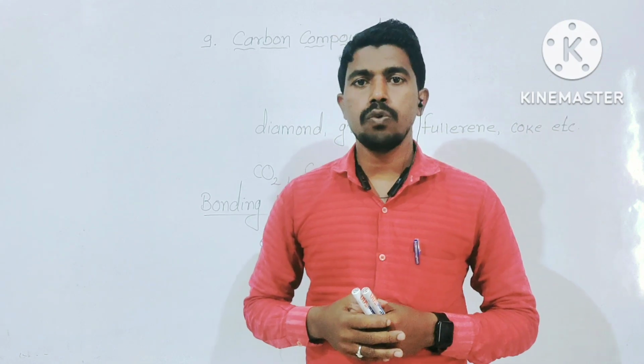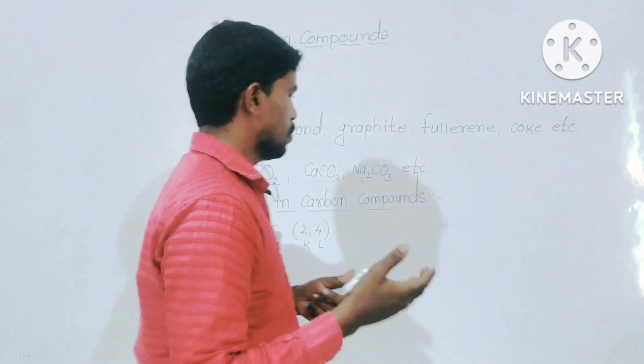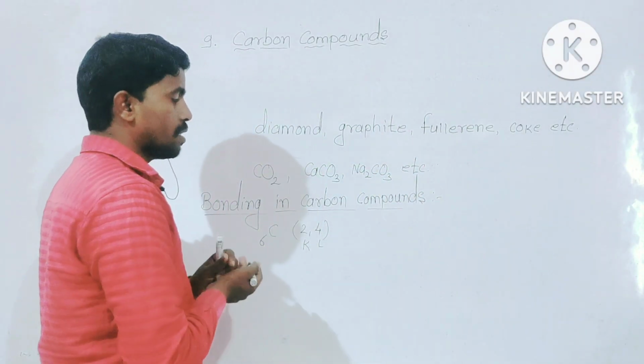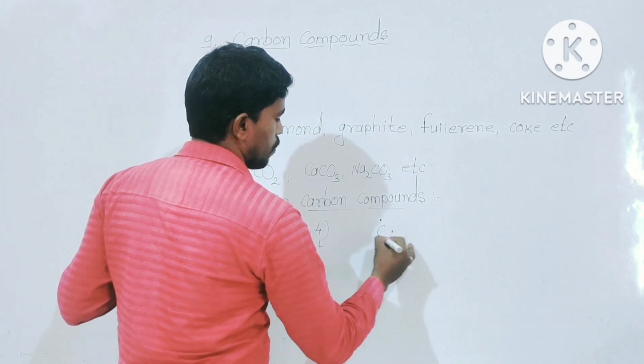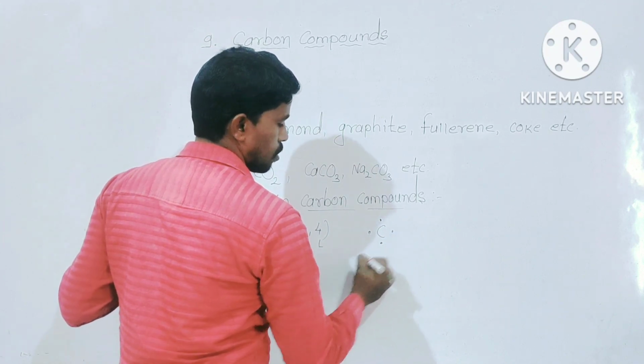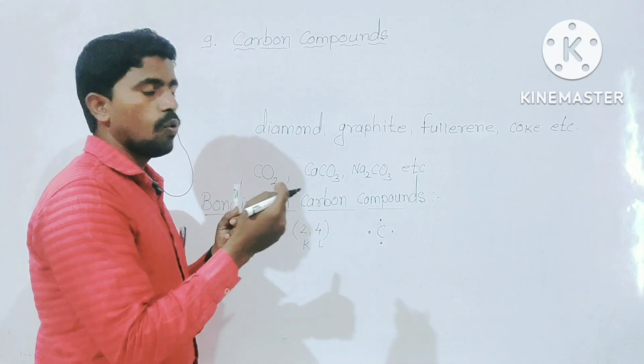But it shares 4 electrons with other elements and also with itself to form bonds, and such a bond is called a covalent bond. Carbon shares 4 electrons with other elements, forming covalent bonds.